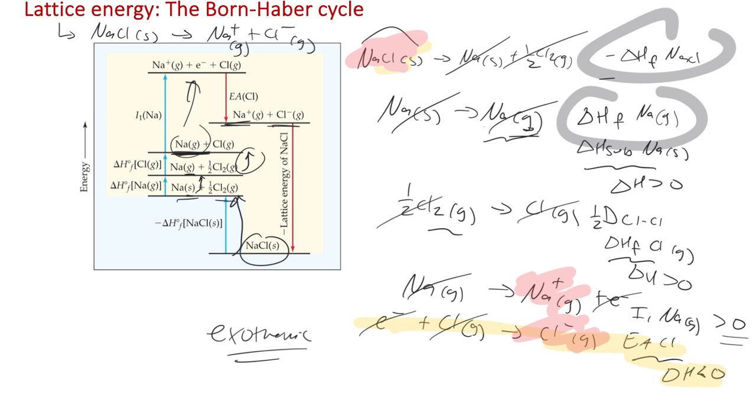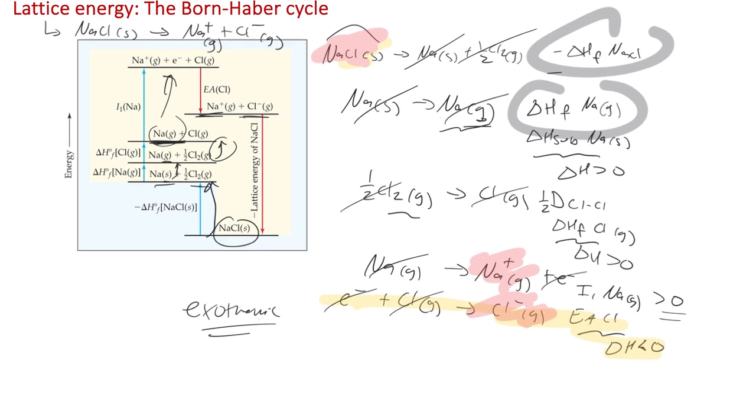To me, the whole point of this process is to see that you can determine through other experiments the delta HFs of different substances, ionization energies, and electron affinities, and sum them up in this process to ultimately get your lattice energy equation down here. That's how we calculate lattice energies, through this cycle of equations of other experimental values that we are able to know. This is how we get the delta H of this reaction, and we set that equal to the lattice energy.